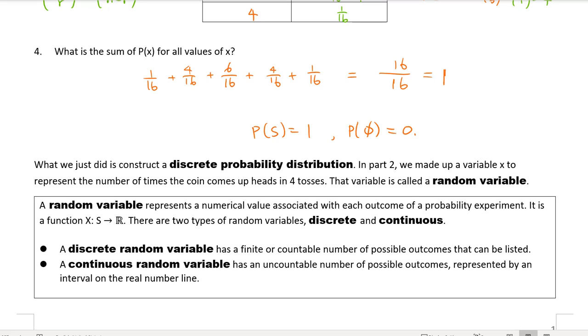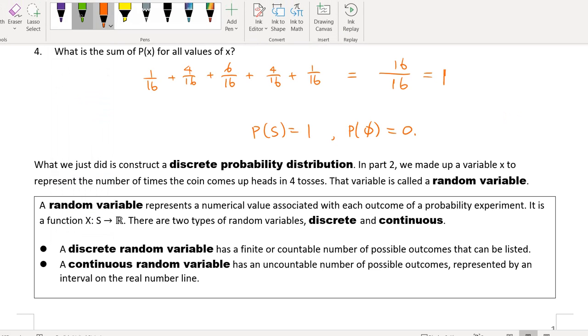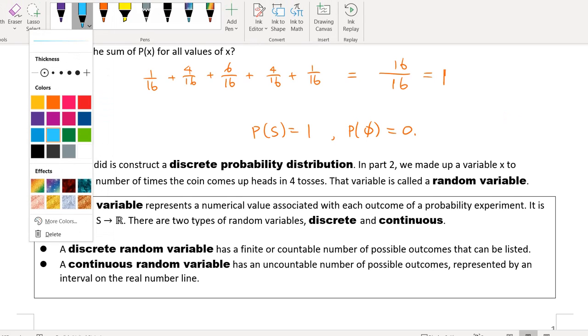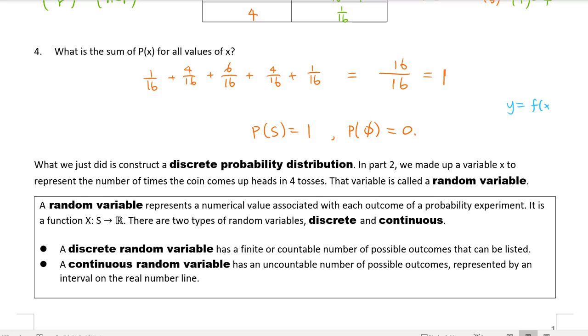Okay, so if you can remember, if we say y, let me use a different color. So how about let's use blue. So y equals f of x, and then we say x is the independent variable, y is the dependent variable, and f is the function, right?